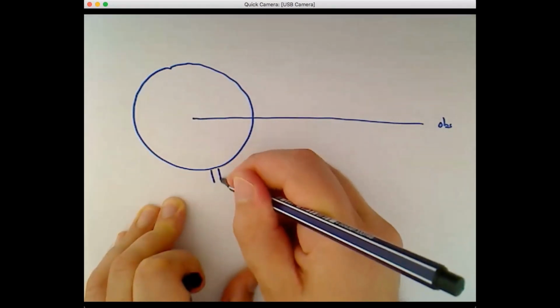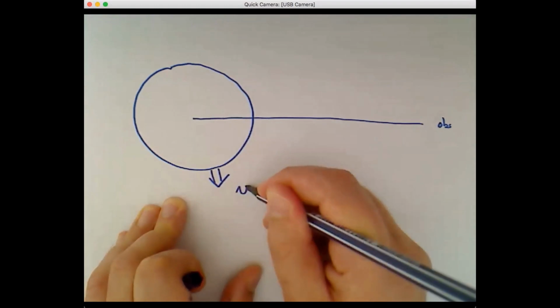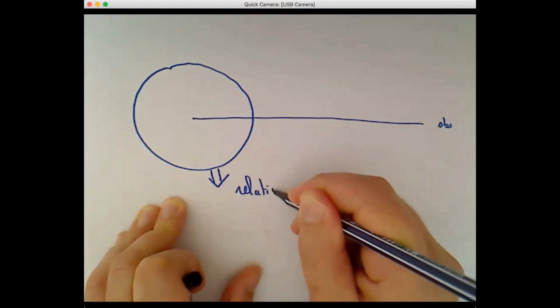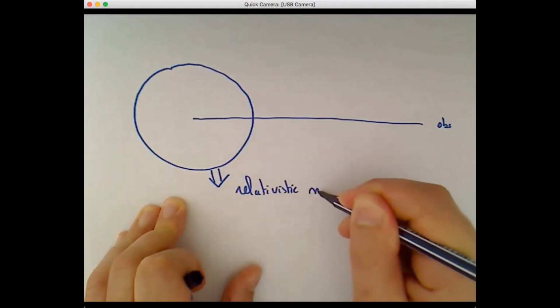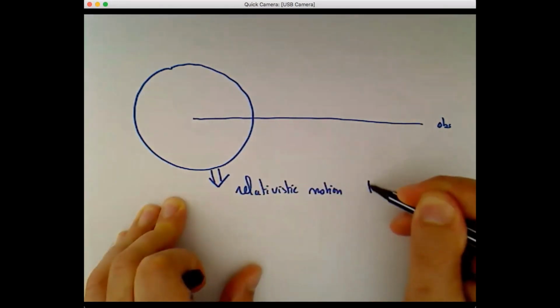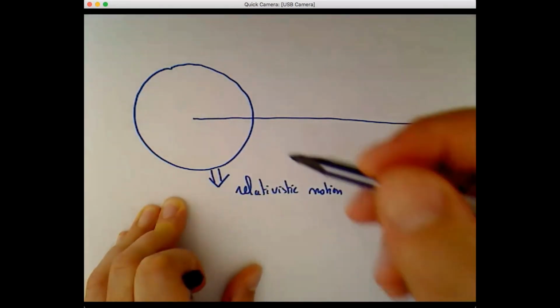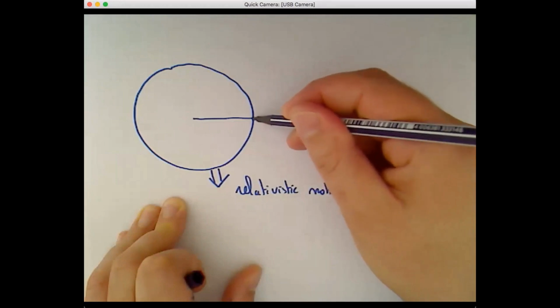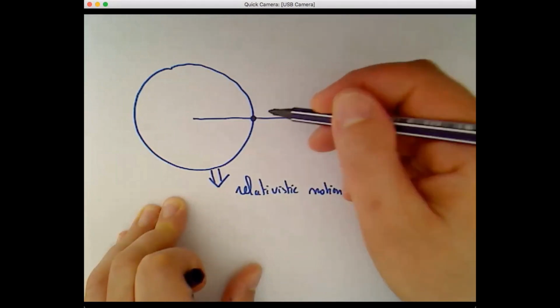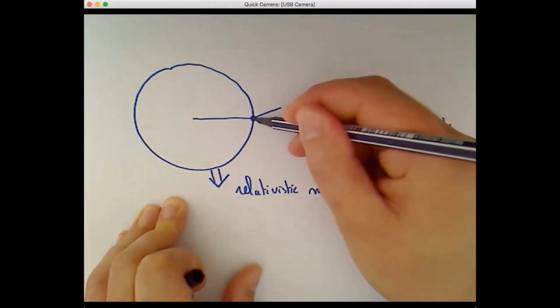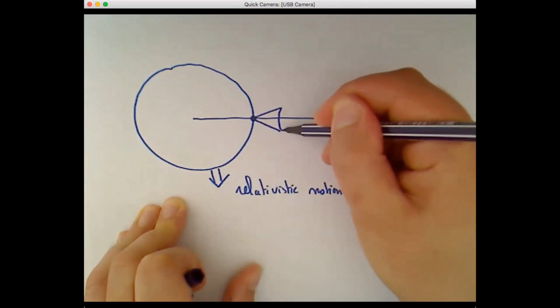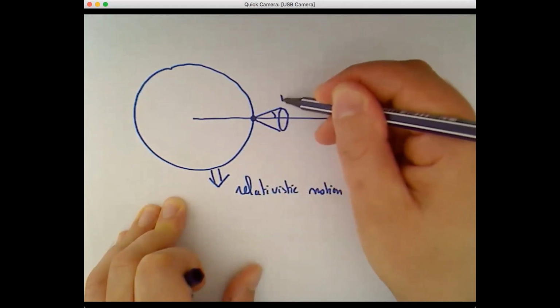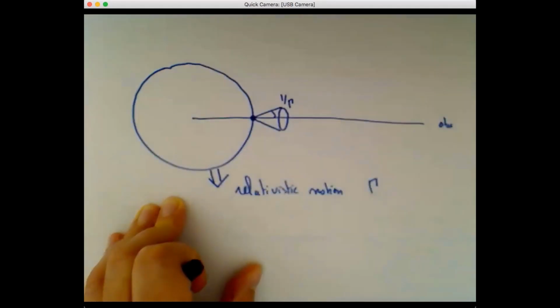And if this ejecta has a relativistic motion with a Lorentz factor gamma, then it means that, for instance, this emitting region here is beaming photons within a solid angle which has an opening angle 1 over gamma.